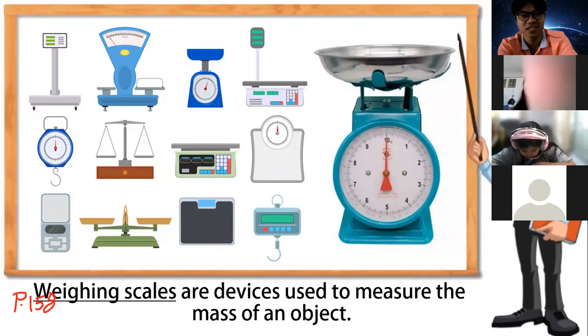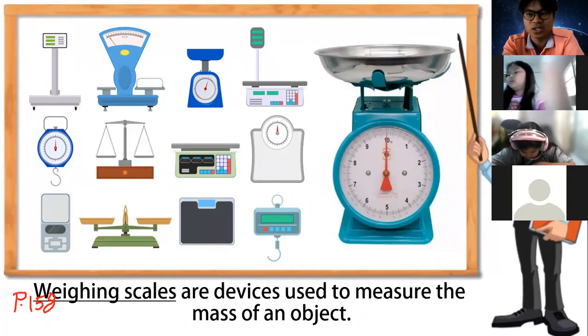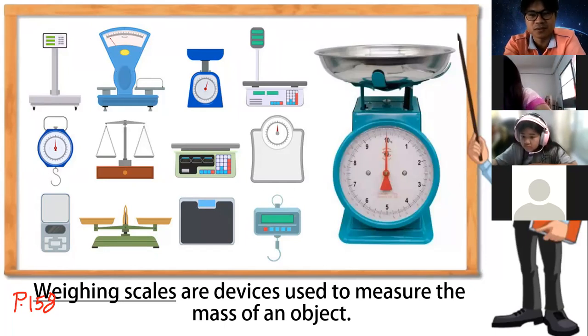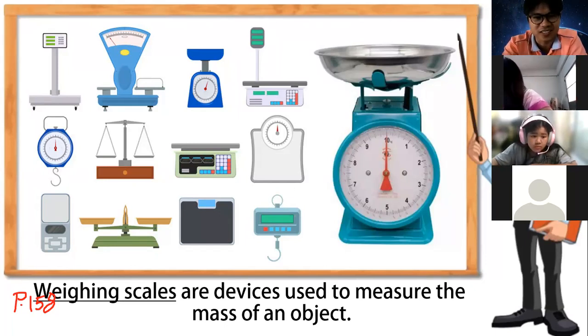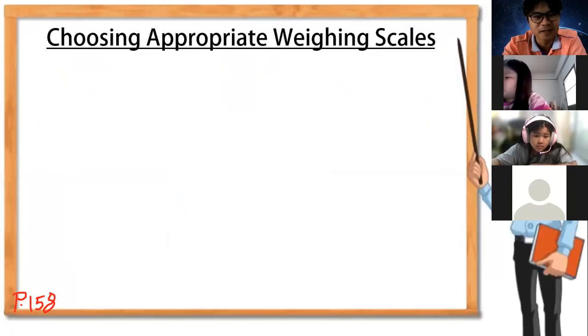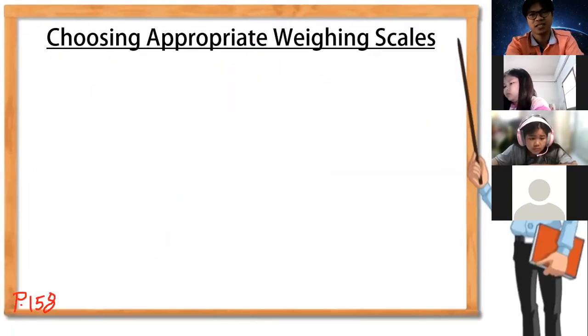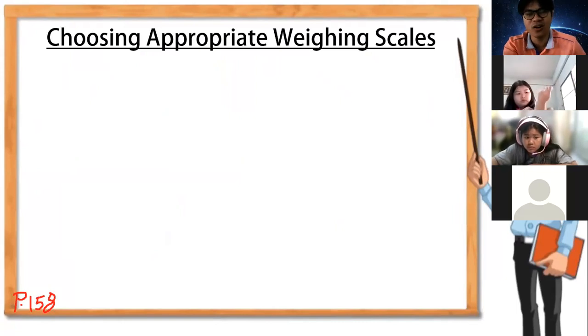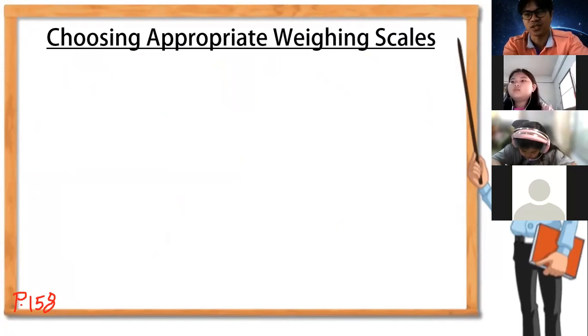Okay, so these are the tools used to measure the weight of objects, right? So in choosing appropriate weighing scales, class, we cannot use all the weighing scales for any objects. We need to use them appropriately, appropriate to the object that we are going to measure.